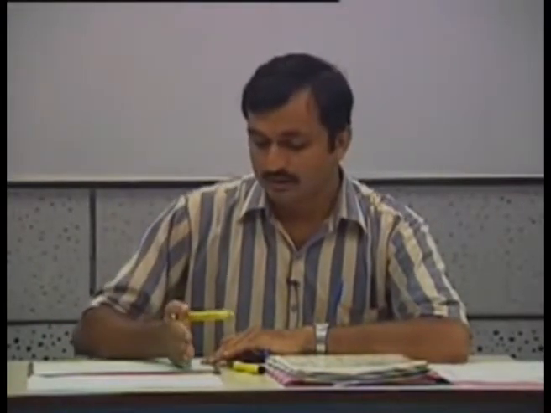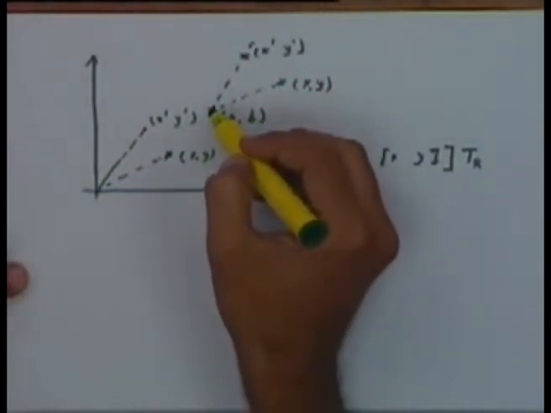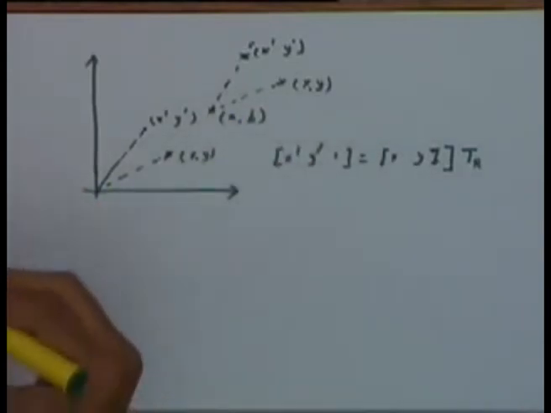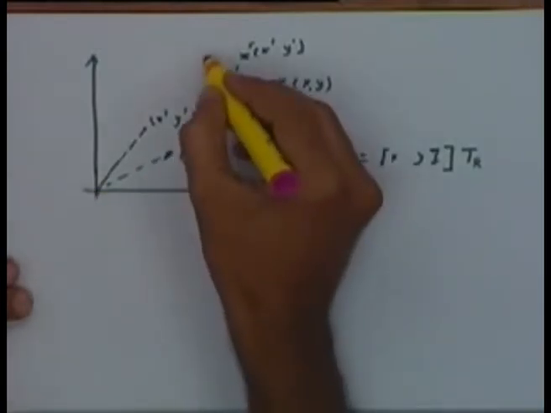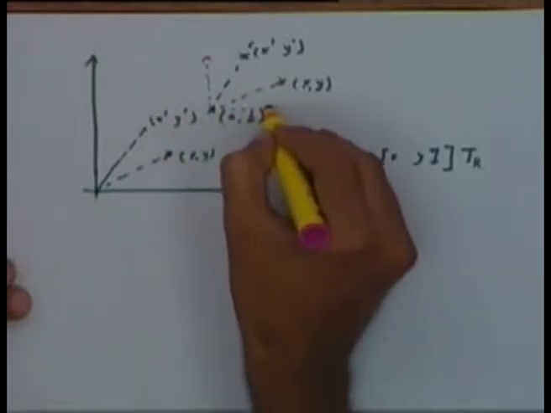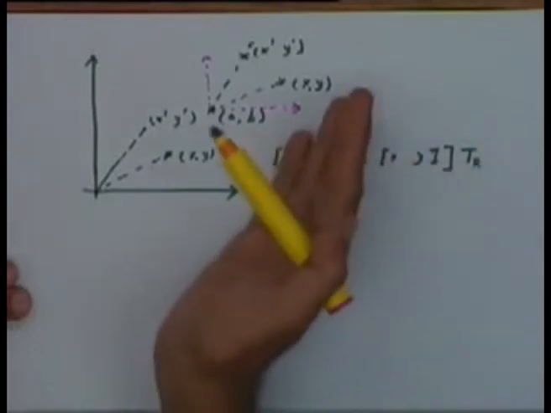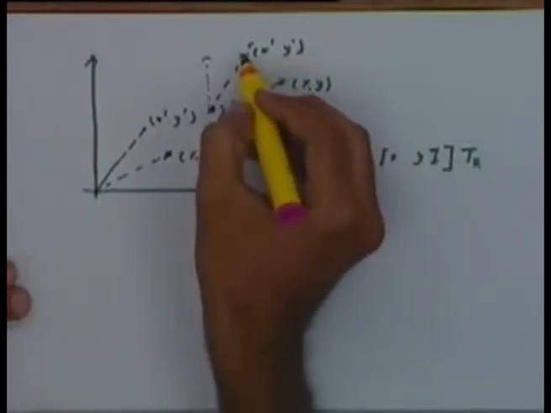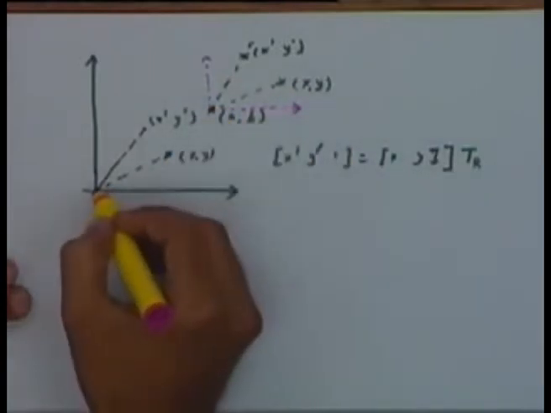What we will do is translate the axis such that A B becomes the origin. This origin should come to this location. We will then rotate the point x y to x prime y prime, and then we will translate this axis back to this position.